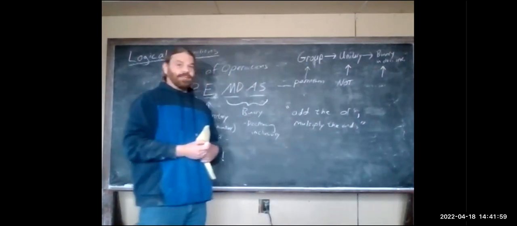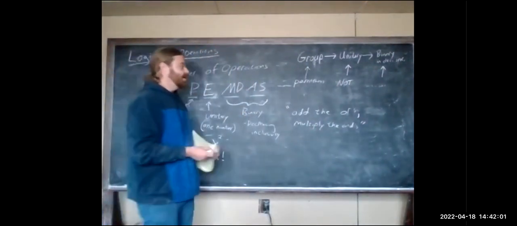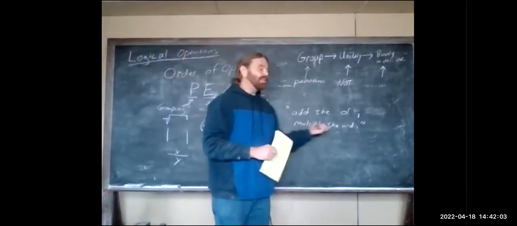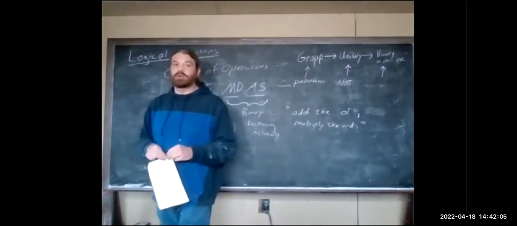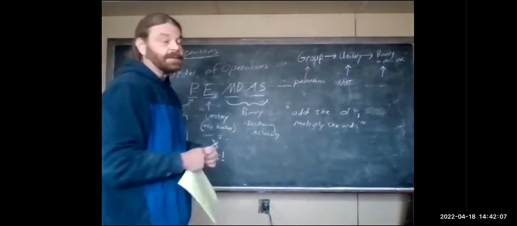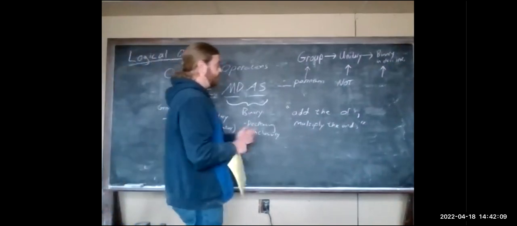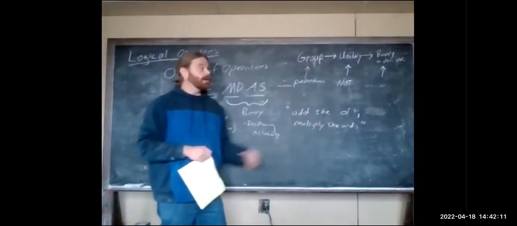You may have heard that at some point, maybe in a section about keywords when you're learning to work with word problems. Add the ors and multiply the ands, and that is across the board in mathematics.